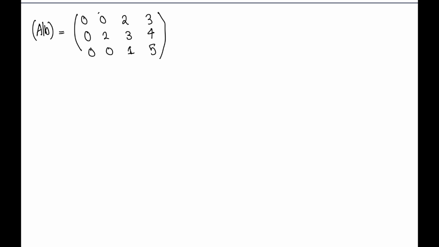In this case, it would be this column, and get a non-zero entry at the top of this column. So this time, the way we're going to do that is by interchanging row 2 and row 1. So we're going to swap these two around. So we get the matrix 0, 0, 0, 2, 3, 4, 0, 2, 3, 0, 1, 5.